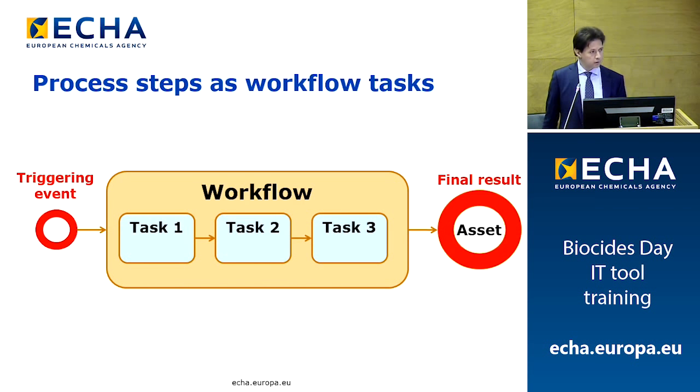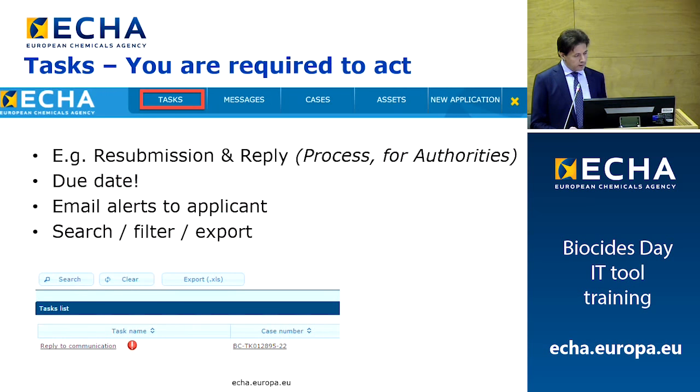A workflow, coming back to our schematic representation of the processes, is made of a number of tasks. And in this tab, in R4BP3, you can find your tasks. So once you have finalized, for example, as an industry, your application, and during the evaluation, there is a competent authority that requires you to provide more information.